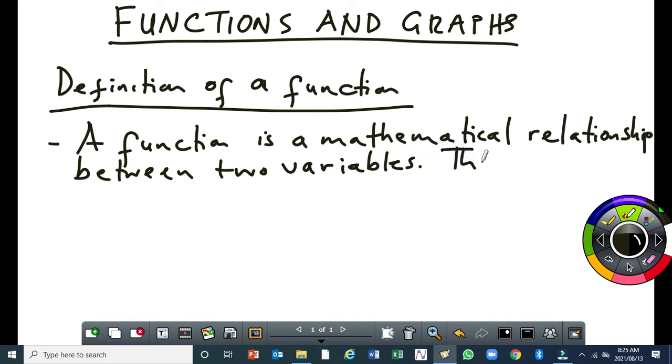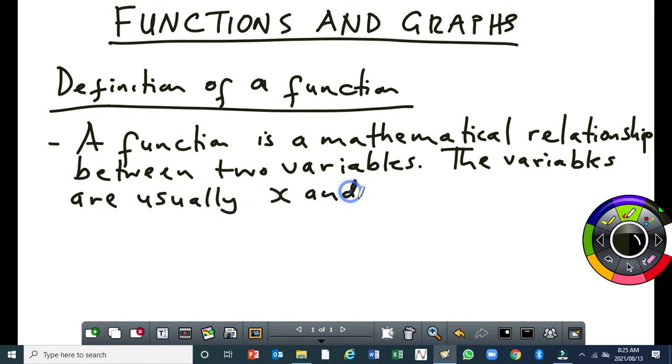The variables are usually x and y. X we call the independent variable, or the input variable.